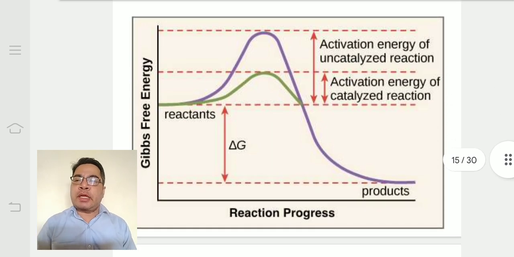In this graph, we can see Gibbs free energy plotted against reaction progress, where the activation energy of the catalyzed reaction is much lower compared to that of the uncatalyzed reaction.